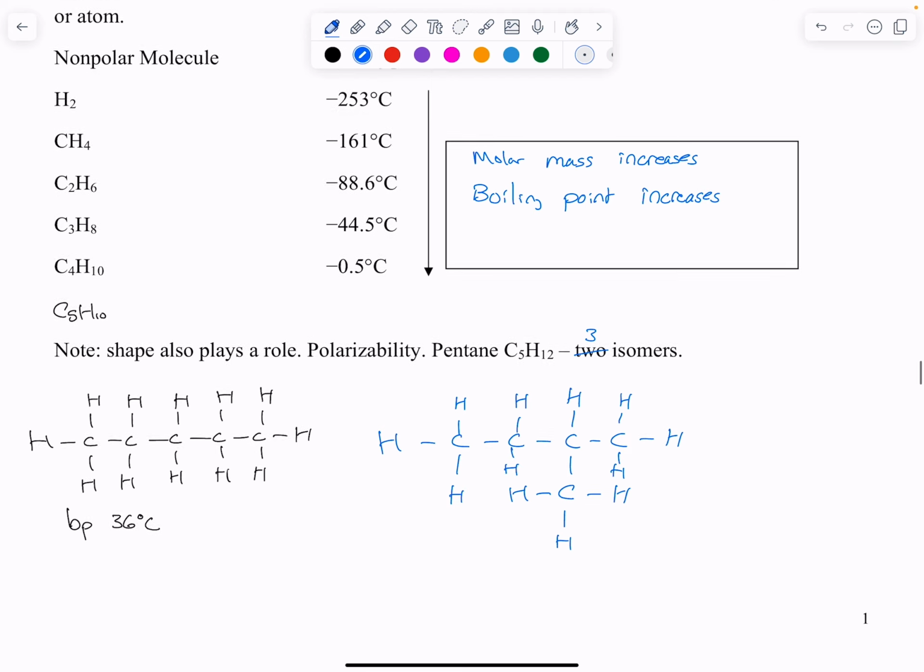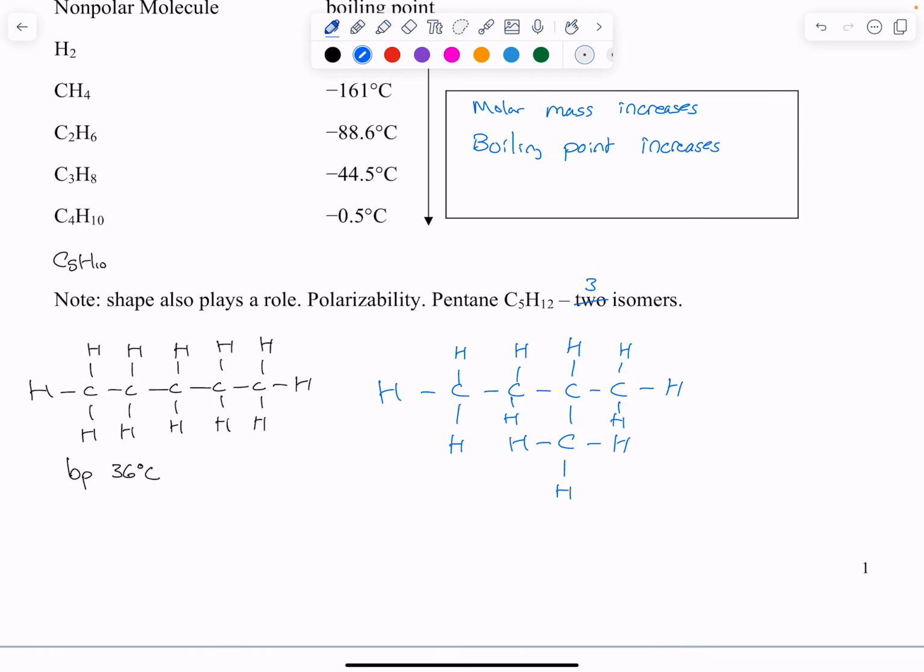This is a pentane, there are 5 carbons, but it's technically 2-methylbutane. And its boiling point is 28 degrees Celsius.